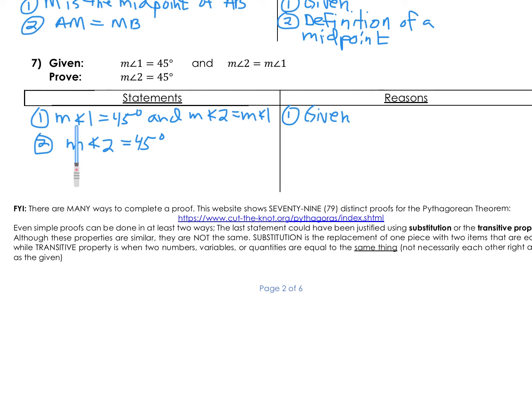So reason number 1, notice that this is measure of angle 1 and this is measure of angle 1. You could actually take 45 degrees, and I'm going to write that in red here. You could take the 45 degrees here and just substitute it here, because if the measure of angle 1 is exactly equal to 45, then that means I can replace the measure of angle 1 with 45 degrees.